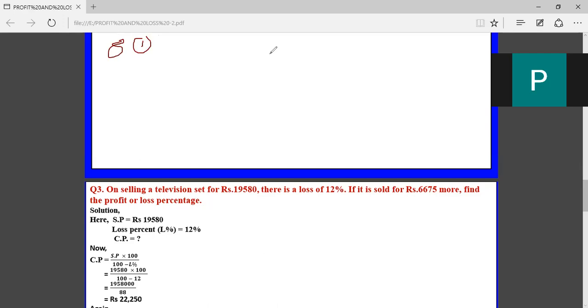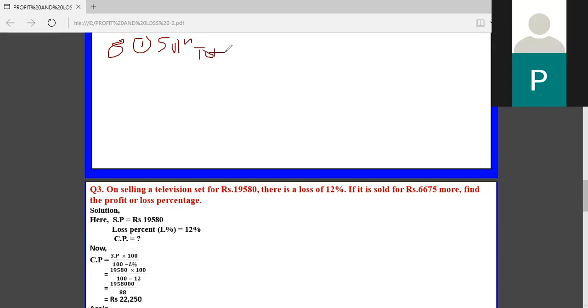The question has given first the total bulbs. How many bulbs are there, children? 50 bulbs. Total bulbs were 50. Okay.